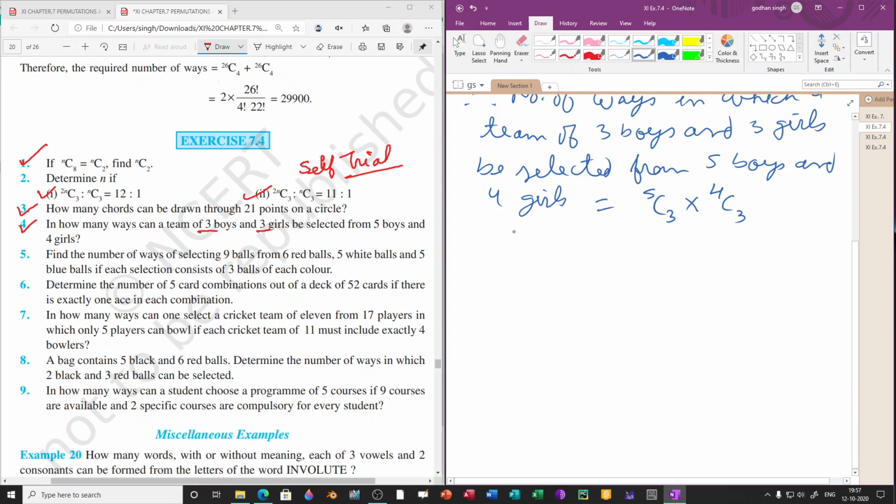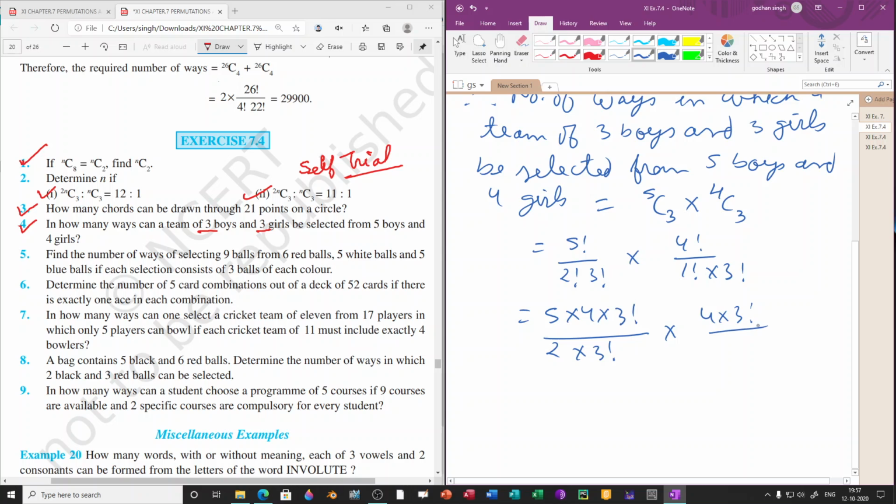So using the formula of nCr, we'll be getting 5 factorial over 5 minus 3, that is 2 factorial into 3 factorial, into same way here 4 factorial over difference of 4 and 3 is 1, that is 1 factorial into 3 factorial. Now 5 factorial is bigger than 3 factorial, so we'll split up 5 factorial as 5 into 4 into 3 factorial over 2 factorial, which is 2 into 1, that is 2 only, into 3 factorial, multiplied by 4 factorial written as 4 into 3 factorial over 1 factorial into 3 factorial.